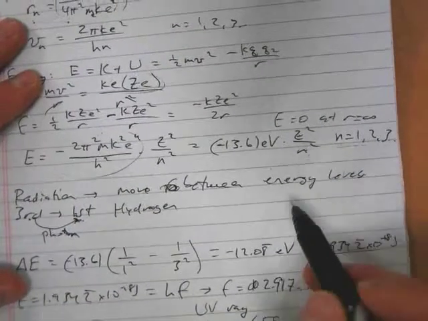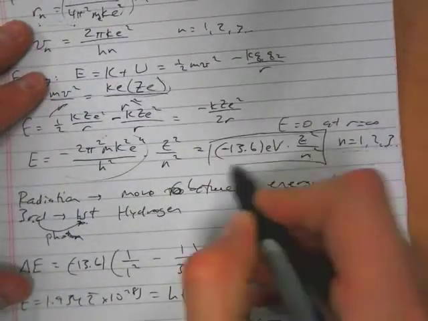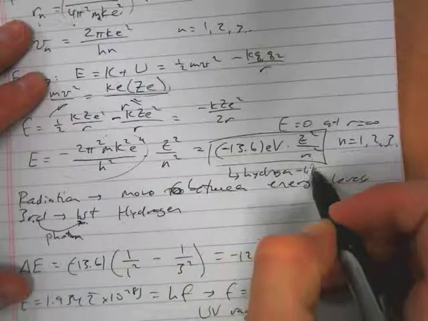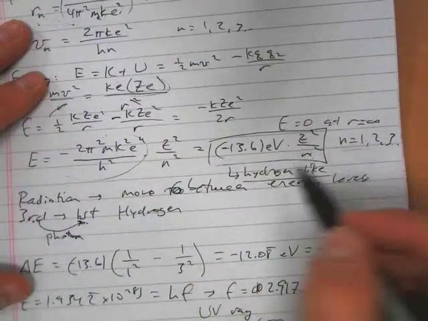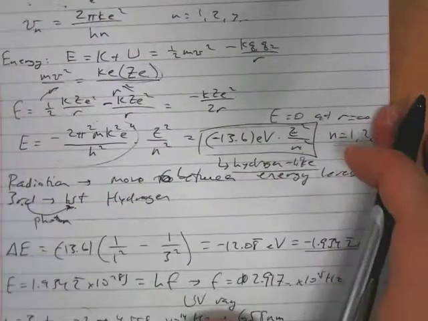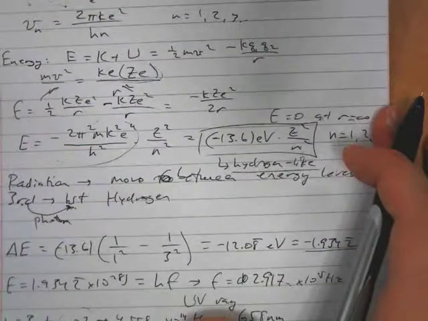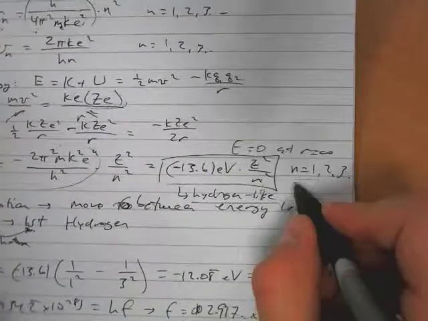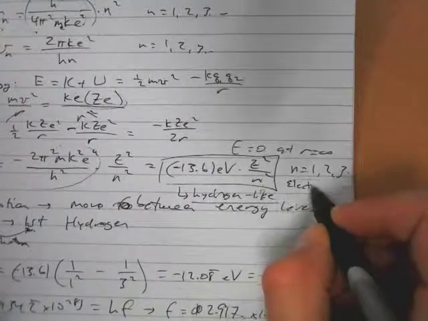Now this applies to atoms that are hydrogen-like, meaning it applies to relatively small atoms. Once you get to larger atoms, there's an effect that you may have heard of from chemistry called electron shielding.